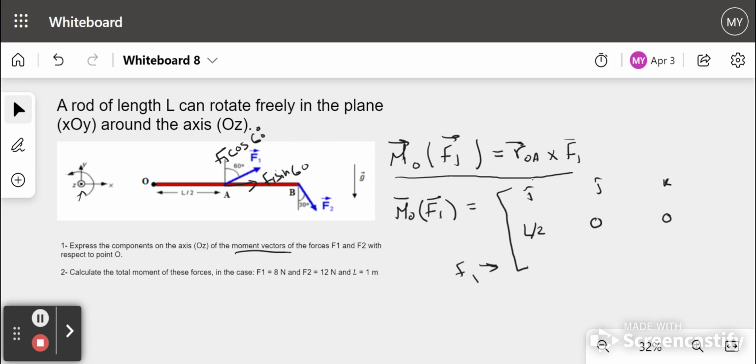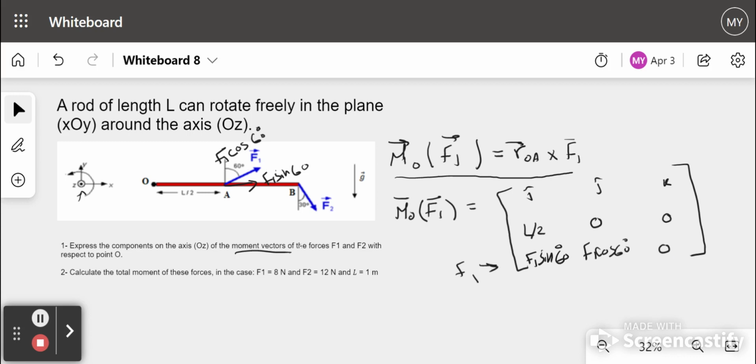So what is here? This is the x-axis, right? The horizontal I-axis. So this is going to be F1 sine 60. This is going to be F1 cosine 60, and this is going to be 0 because we don't have a force in that direction in the z-axis.